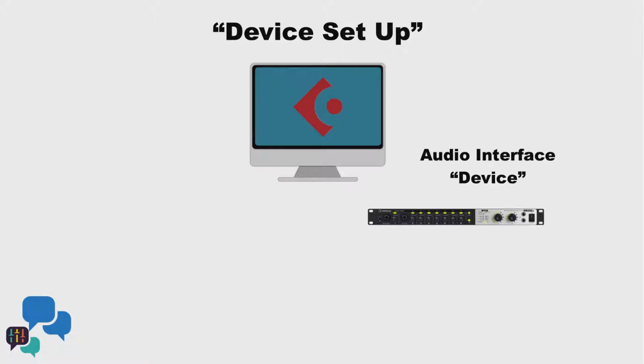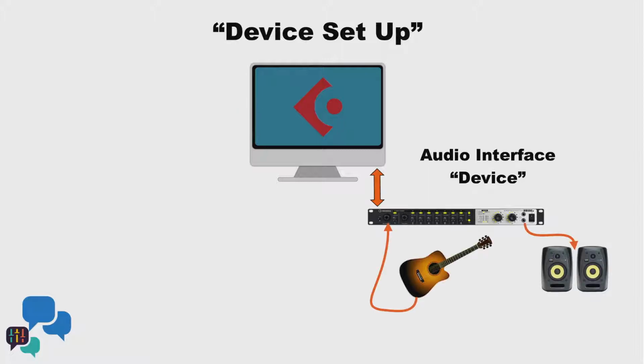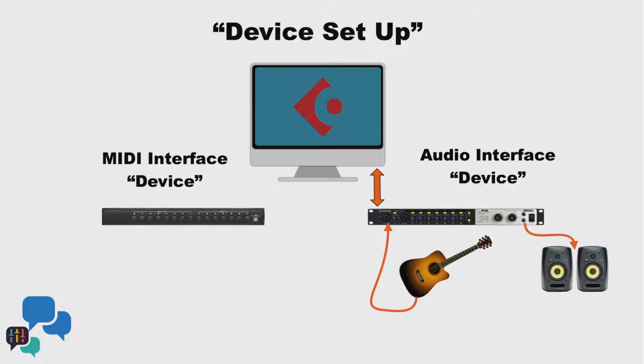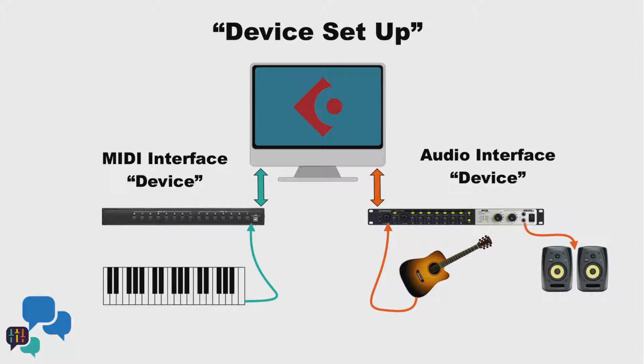The two key pieces of external hardware you'll need are some sort of audio interface, which is going to be your go-between for signal to and from the computer, and then, of course, the other side of it, you're going to plug in guitars and mics and speakers and stuff. Then you'll have a MIDI interface device as well, and again, you access those two in that device setup window, and your MIDI interface is what's going to get keyboard signal or drum pad in and out.